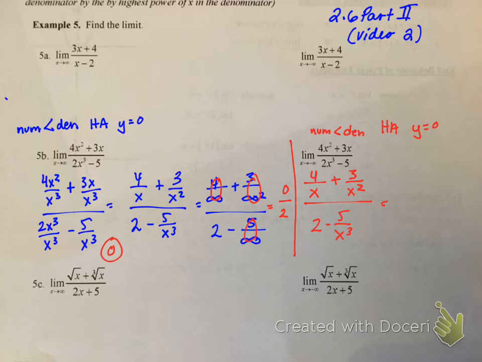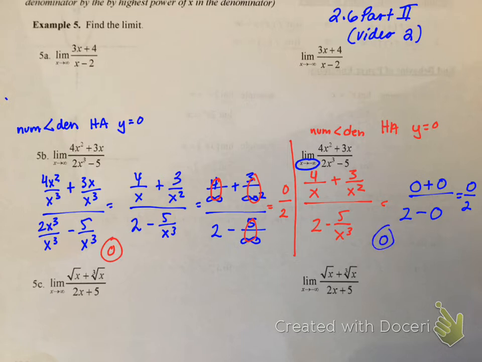When we simplified this down, we got 0 plus 0 over 2 minus 0. Even though x is approaching negative infinity, remember you have 4 over a negatively large number, it's going to go to 0. Same rules apply, so I get 0 over 2, which is 0.